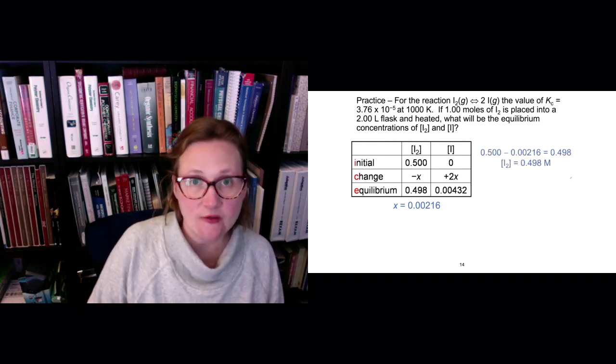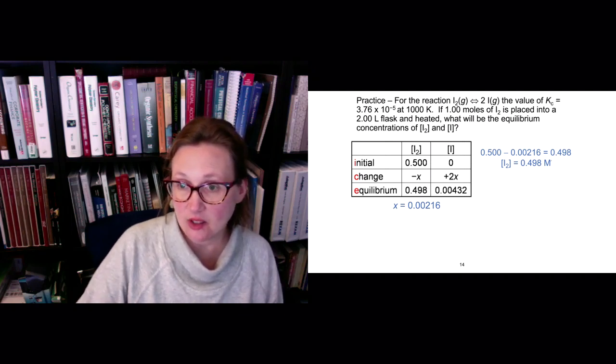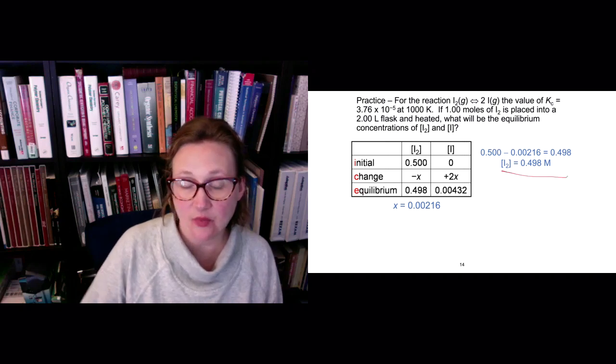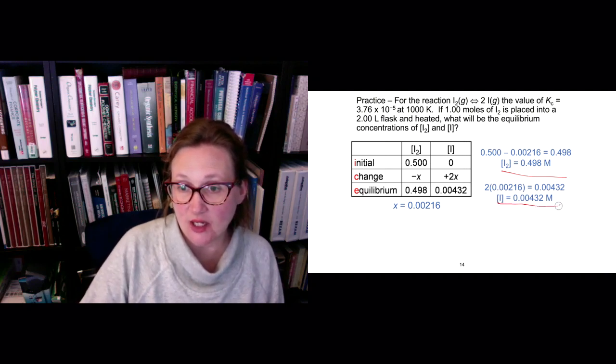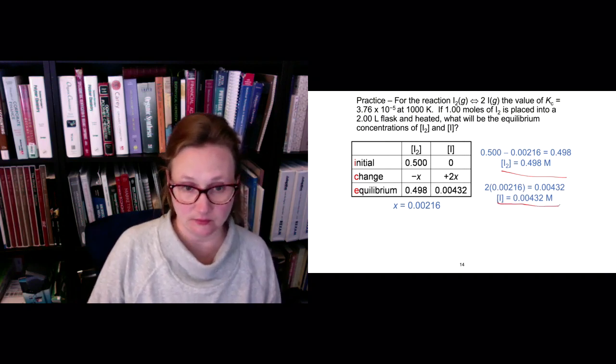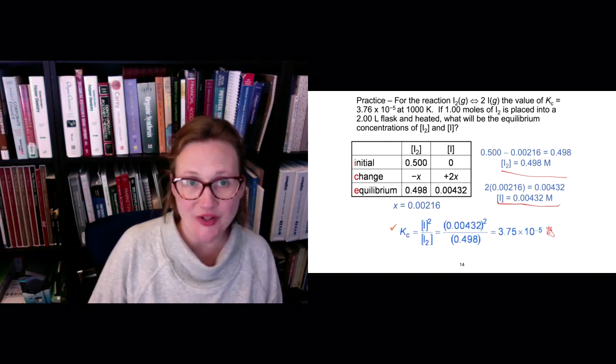Now we want to find those equilibrium concentrations. We take our 0.5 minus x to give us the equilibrium concentration of iodine, and then we take 2 times x to give us the equilibrium concentration of iodine atom. Okay, always good to check.